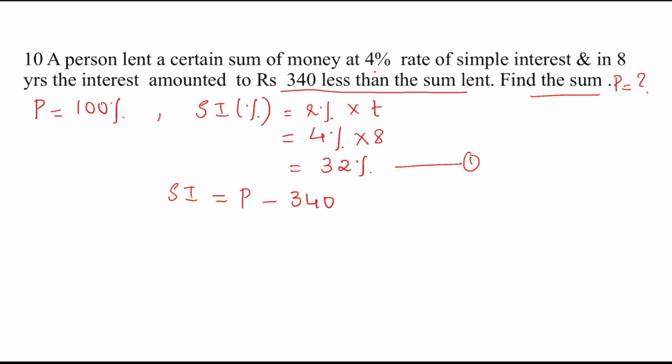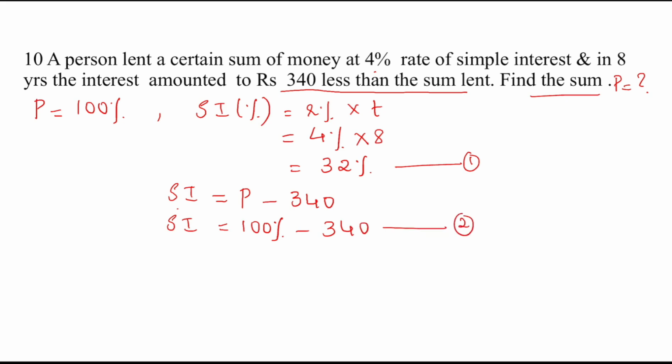We know that principal is always 100%, so SI is equal to 100% minus 340. Let this be equation 2.